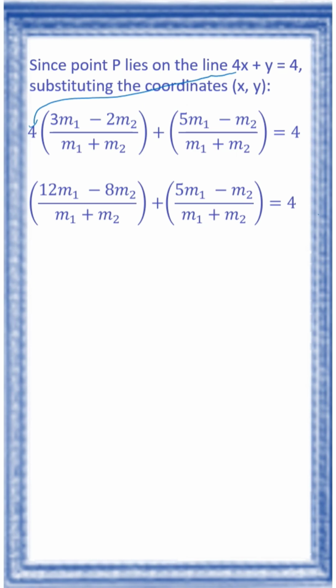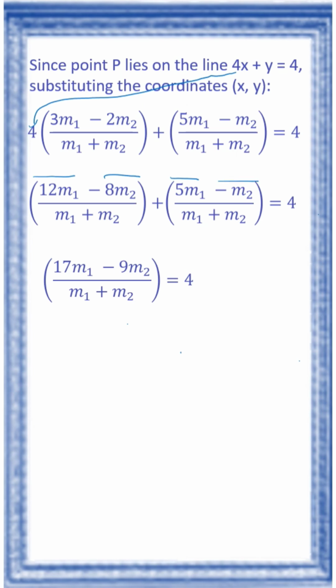Collect the like terms. 12m1 plus 5m1 is 17m1, and 8m2 plus m2 is 9m2, so we have (17m1 minus 9m2) upon (m1 plus m2) is equal to 4. Now transpose m1 plus m2 to the RHS. Now we get 17m1 minus 9m2 is equal to 4m1 plus 4m2.